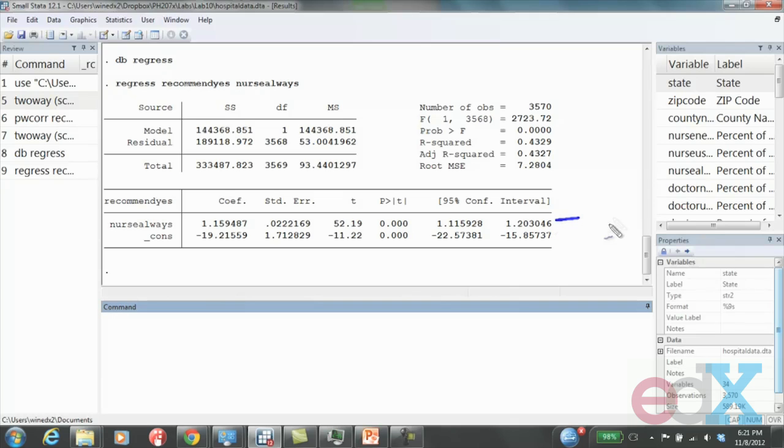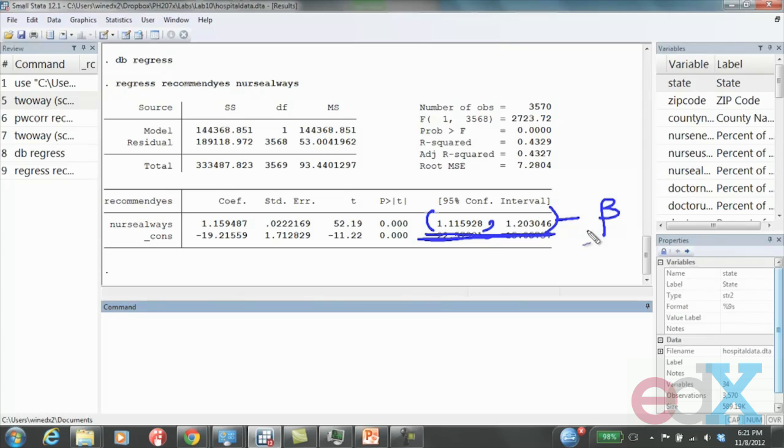First, let's look at beta. I see that a confidence interval for beta is 1.12 to about 1.20, shown right here. And I can interpret beta as follows. For a 1% increase in my covariate xi, so for a 1% increase in percent of patients who reported that their nurse communicated well always, the corresponding increase in the percent of patients who would always recommend the hospital is 1.16 on average.